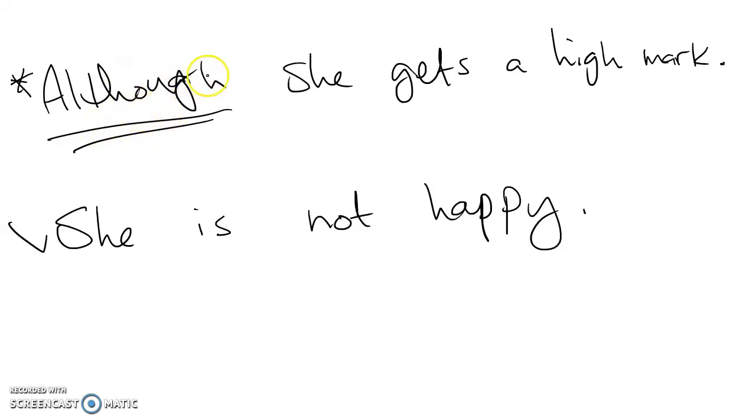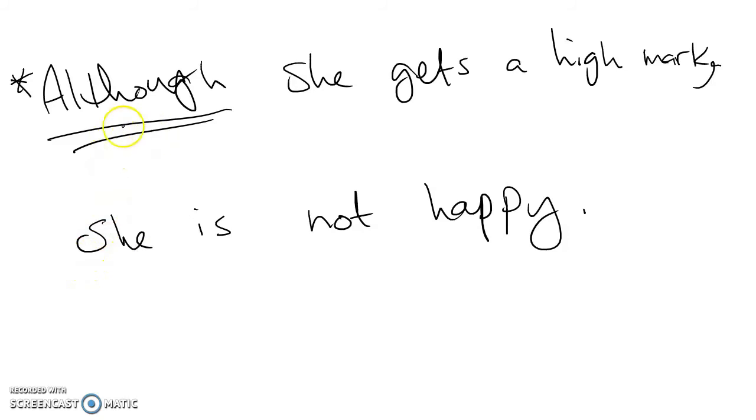Now, how can I fix this problem? This is a dependent clause, and I have to fix this problem. I can add or join this dependent clause to an independent clause. This will happen by simply adding a comma here, and I will make this one start with a small letter.